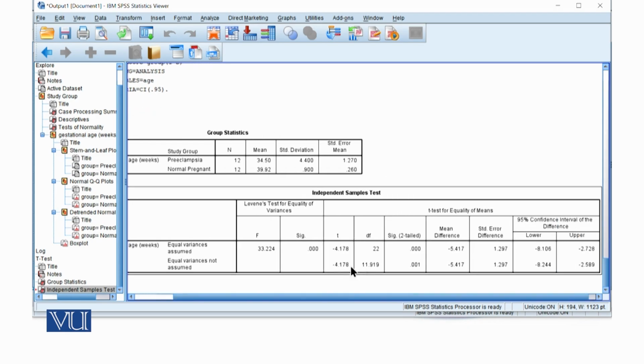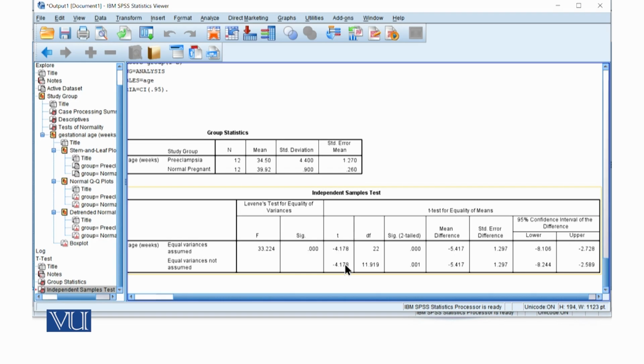So here, our null hypothesis states that the average gestational age for pre-eclampsia women is equal to the average gestational age for normal pregnant women, against the alternative hypothesis that the average gestational age for the pre-eclampsia women is not equal to the average gestational age for normal pregnant women.